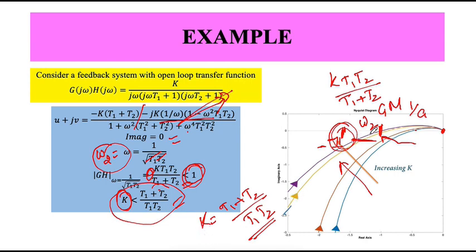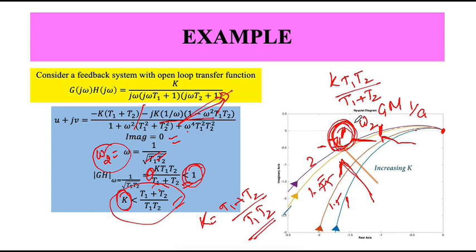For k equals 1, 1.5, 1.75, and so on, the gain keeps on increasing. This is 1, this is 1.5, this is 1.75, this is 2. My Nyquist plot shifts to this side, and I am reaching closer and closer to minus 1. So this was my omega 2 here.